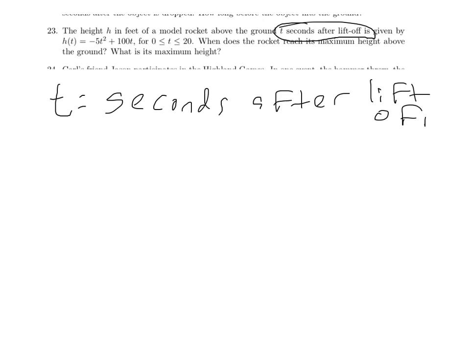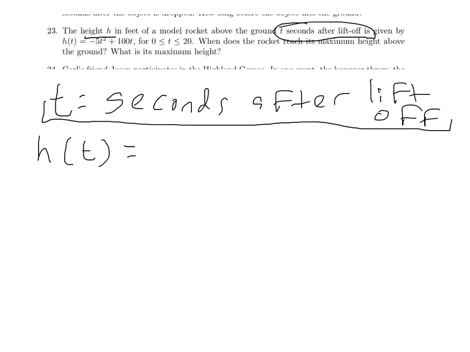Okay, and then we have h of t. They just told us that h represents the height. So you tell me the amount of seconds after liftoff, and I could tell you the height. So this is the height, and we're measuring this in feet.